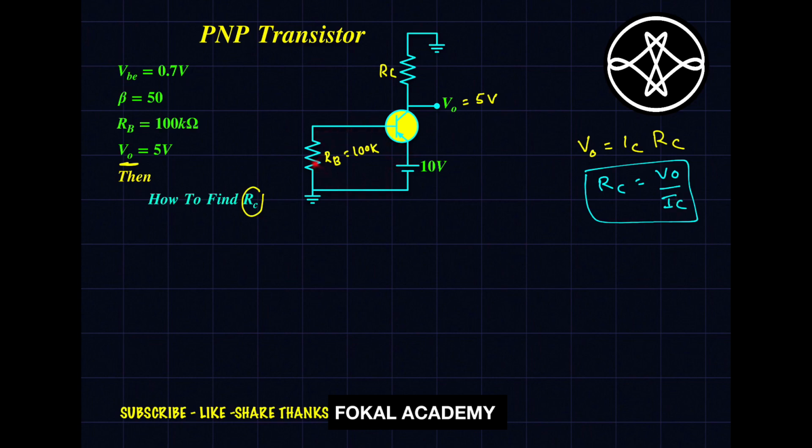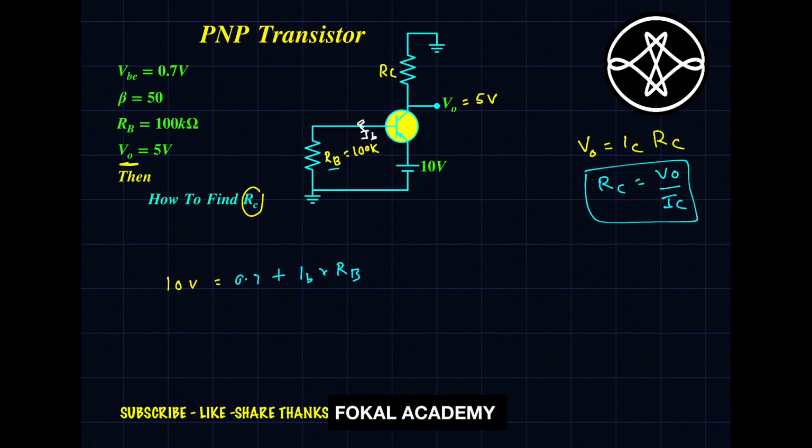In this loop the current is IB, that is the base current. Now apply KVL for this loop. Here the source voltage is 10 volts, so 10 volts equals the sum of all voltage drops in that loop. Here the base to emitter voltage drop is 0.7 volts, so 0.7 plus the voltage drop across RB, which according to Ohm's law is base current into resistance RB.